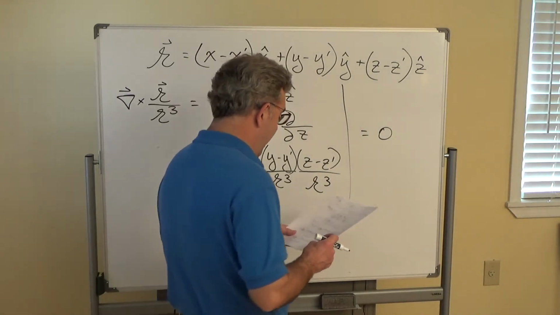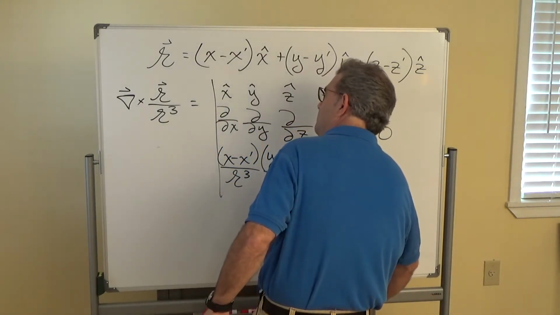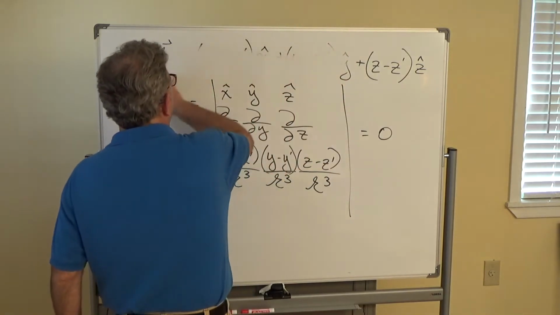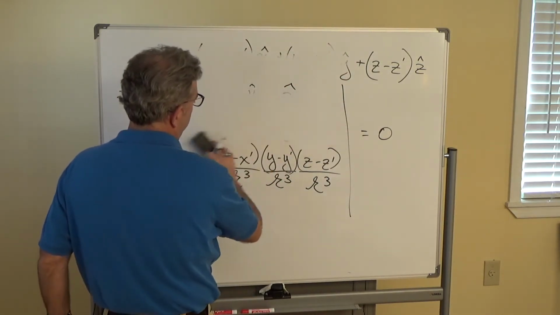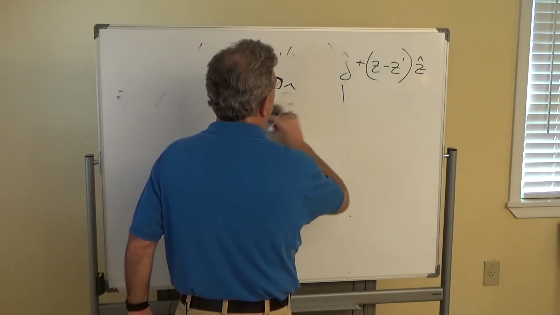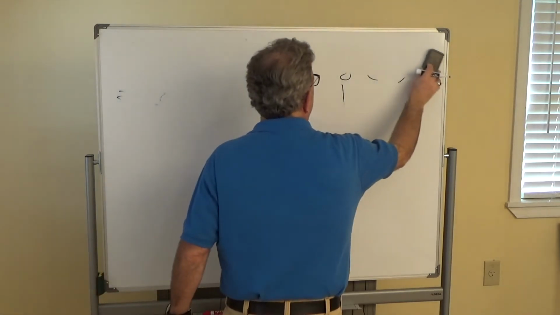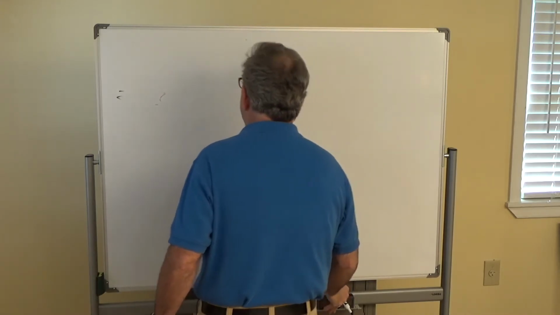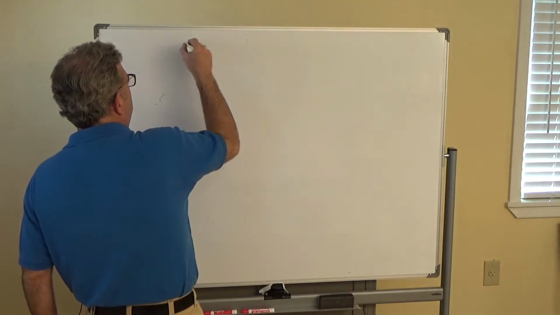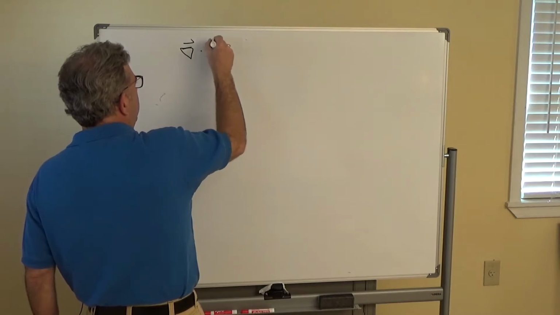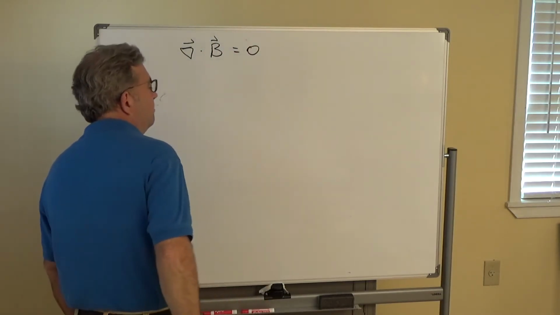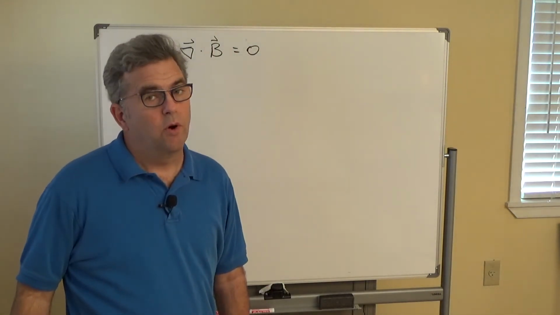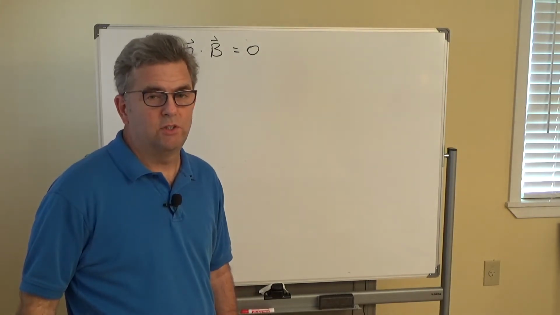So going way back, we started with del dot B. This says that del dot B is equal to 0. You already knew that from physics 2.